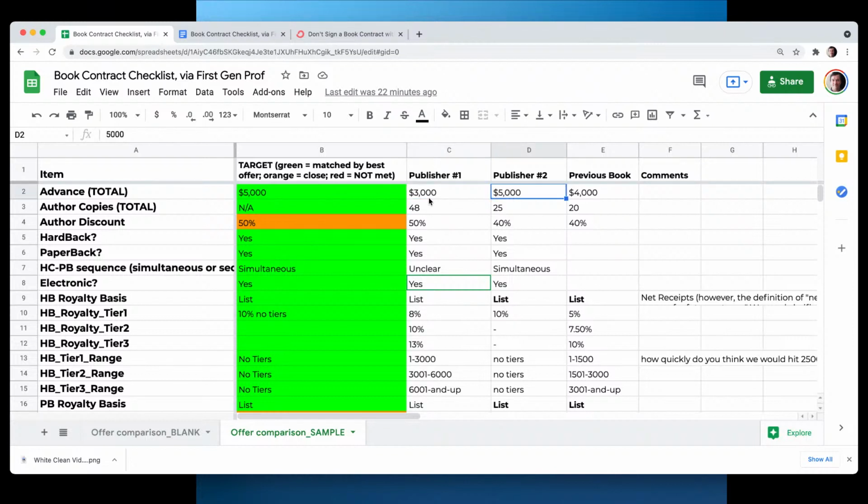So hypothetically, let's say that we had two offers from two different presses. One was with an advance of $5,000, one with an advance of $3,000. The way you want to interpret that is not that that's a signing bonus, that's just money on top of everything else. What this means is that publisher number 2 has agreed to give you $5,000 of your royalties in advance of you selling a single book.